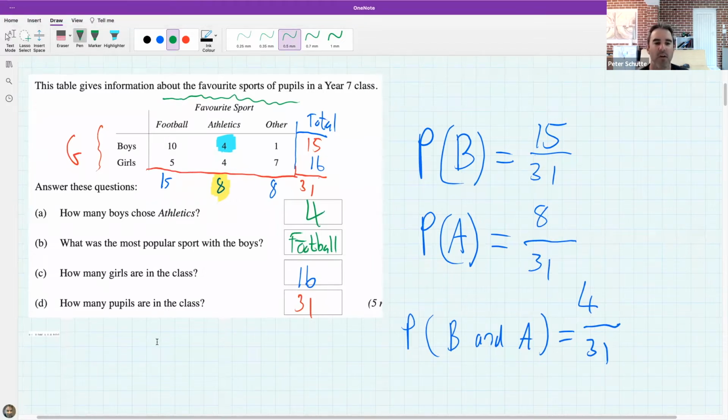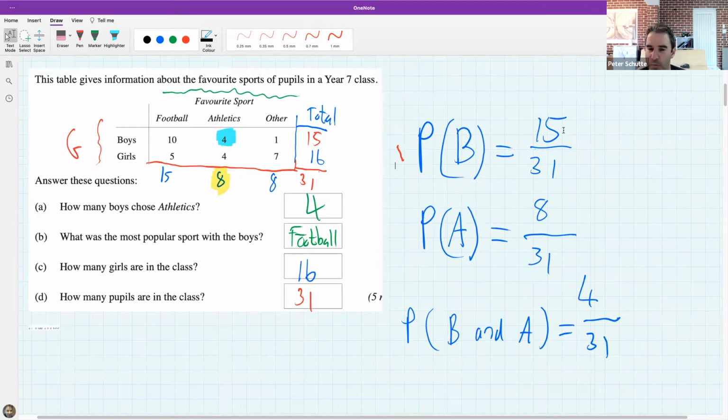So I think you would have to multiply the... You're on the right track. Yep. You'd have to multiply the probability of gender versus the probability of the sport, and then see if that's equal to the probability of gender and sport coming together.